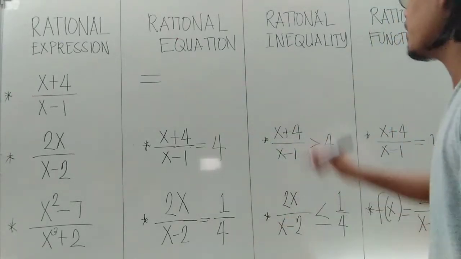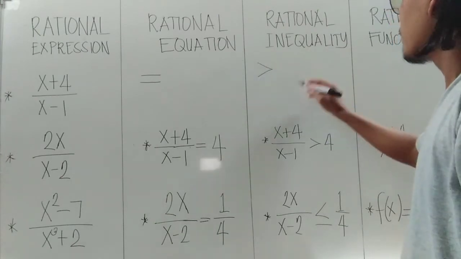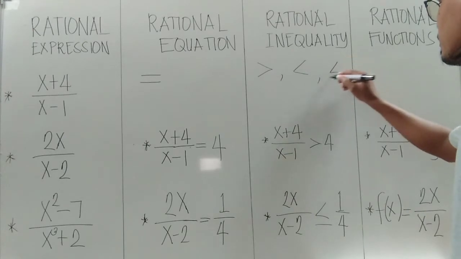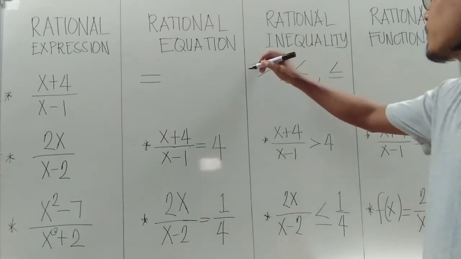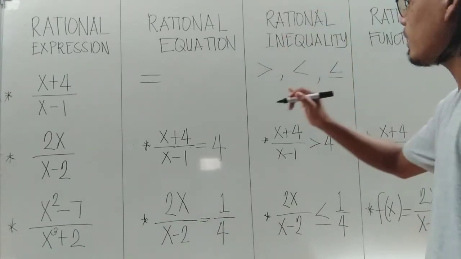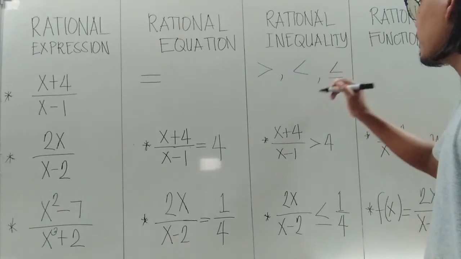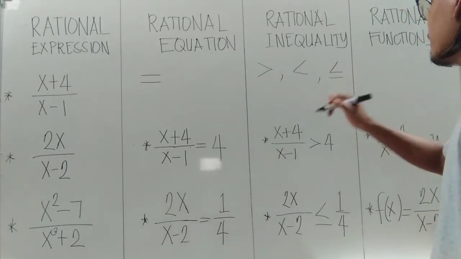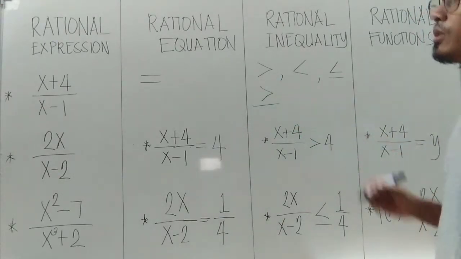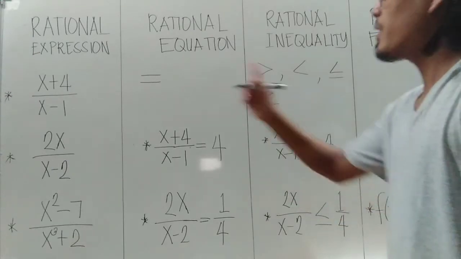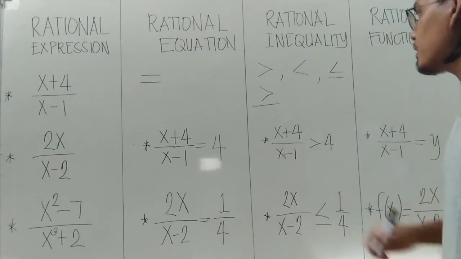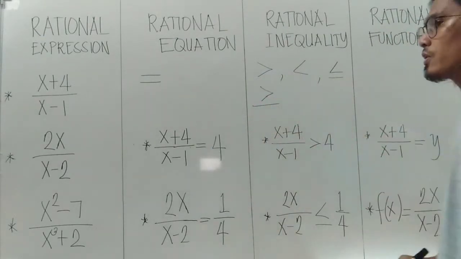While an inequality uses symbols other than equals. The inequality, with its prefix in, denotes not equal. So we have greater than, less than or equal to, or greater than or equal to. Again, an equation uses only the equal symbol, while your rational inequality uses these symbols.